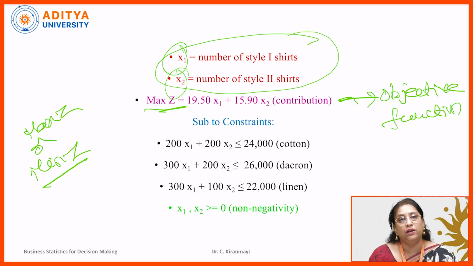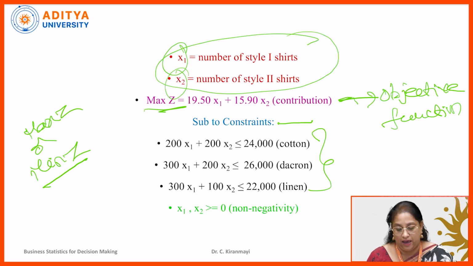Z. Coming to the other part of the linear programming problem, that is constraints. As we have said, the manufacturer is using three types of threads, and the limitation is only 24,000 grams, that is 24 kgs of cotton thread. 26 kgs of Dacron is available, 22 kgs of linen is available.